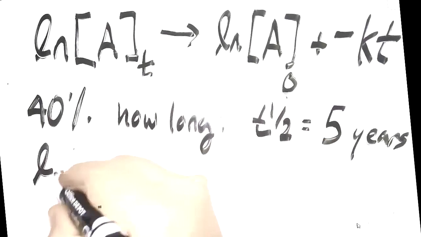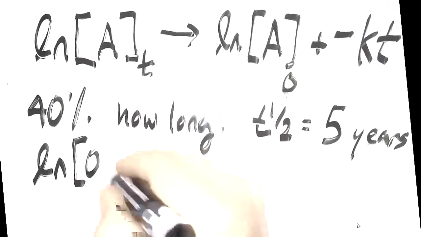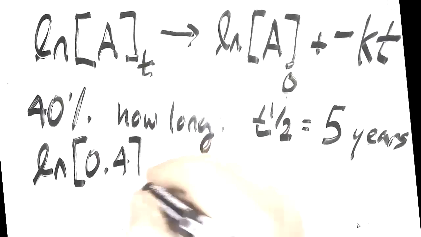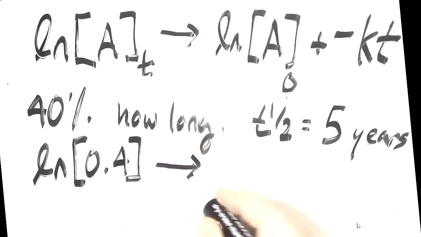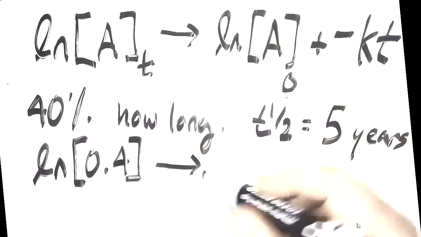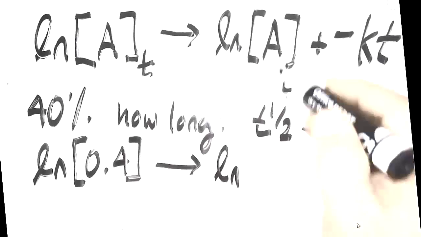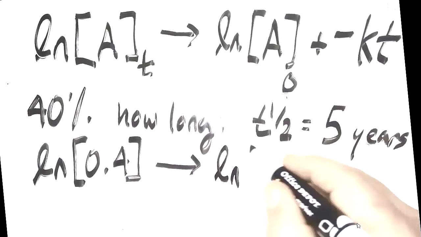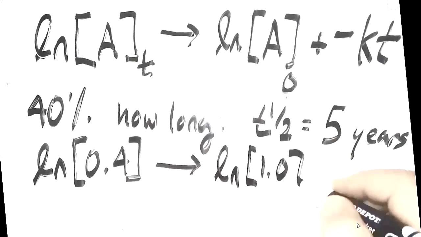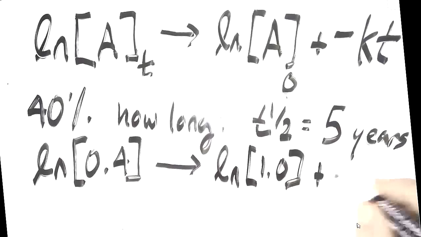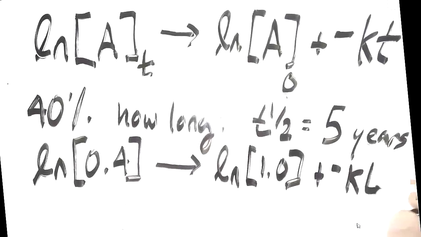So we're going to take the natural log of 0.4, because that's the decimal version of 40%. Now, when we start this thing, we're not going to have 40%, we're going to have 100%. And the decimal that goes here for the amount at time 0 is just going to be 1. I'll write 1.0. And then we're going to add negative kt.